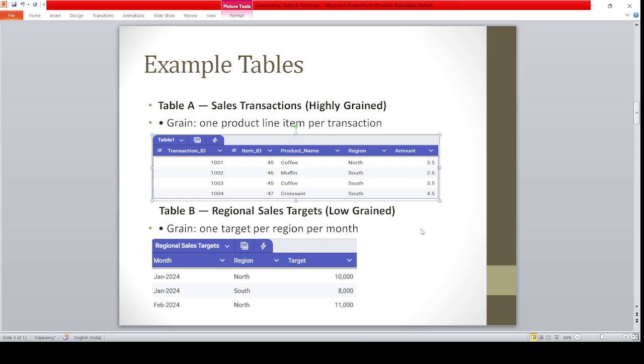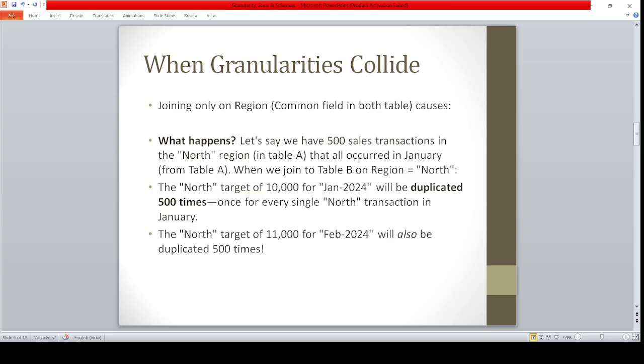Here we have three columns, and there we have five columns. If we want to join these tables, the common column is region. Let me combine both tables on the basis of region. What happens?